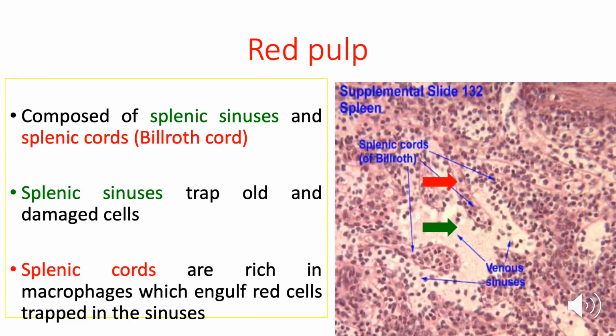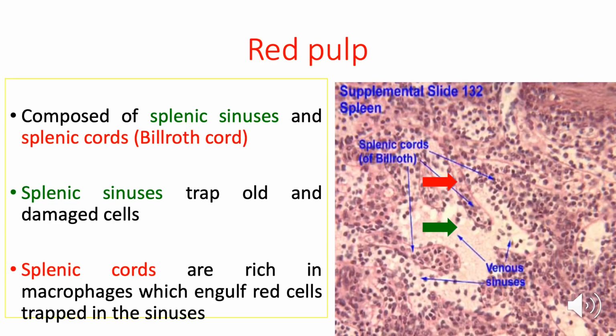In the red pulp of the spleen, you have there, red arrow, splenic cords, which are basically composed of macrophages. And these macrophages are just waiting for any red blood cell that will be trapped along the green arrow, sinuses. These sinuses are so small that the red blood cells have to deform themselves in order to squeeze through the sinuses and go out of the spleen.